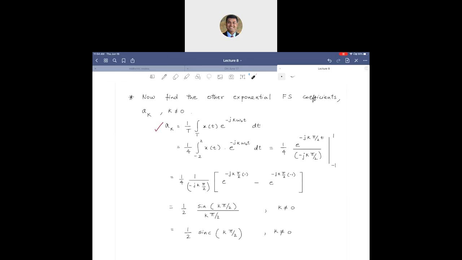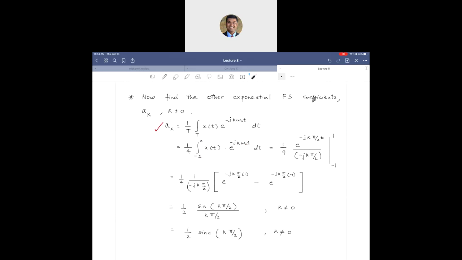And you will see this over here. So we start off with the formula for the Fourier series coefficients. Plug in the values for T and omega naught. You get 1 over 4, negative 2 to 2, x of t, e to the negative j k omega naught t.